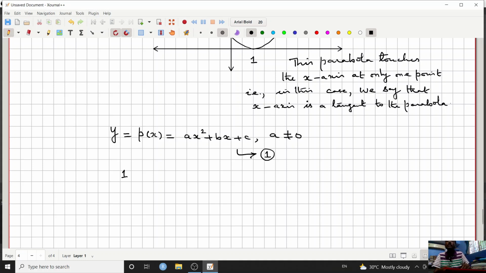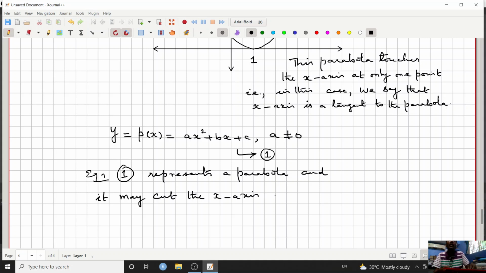Equation 1 represents a parabola, and it may cut the x-axis at most at 2 points.